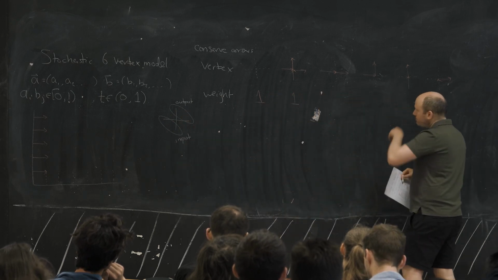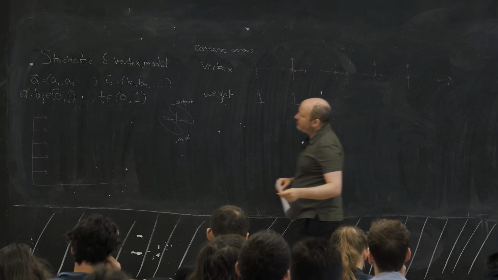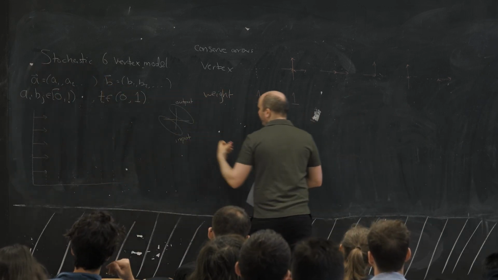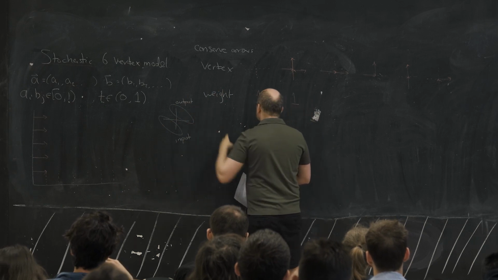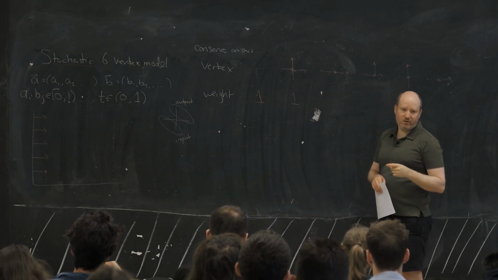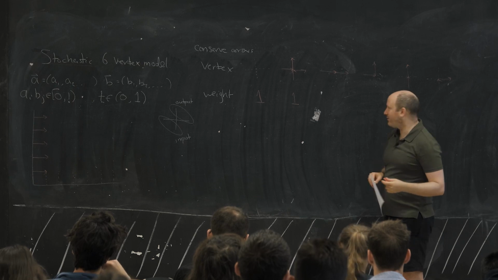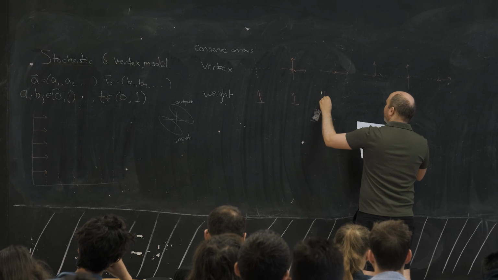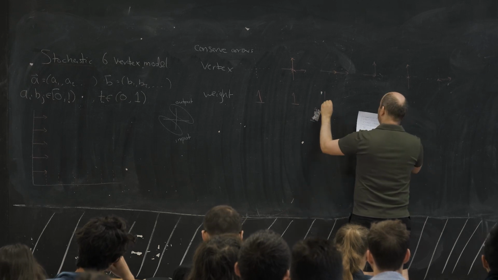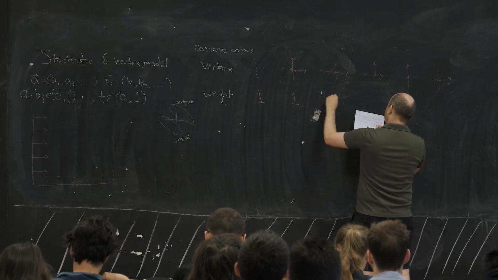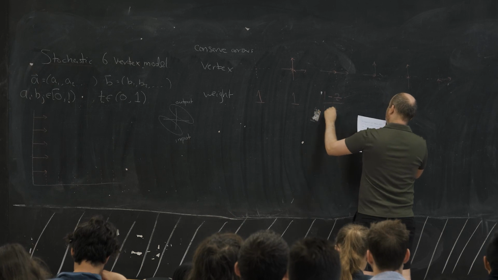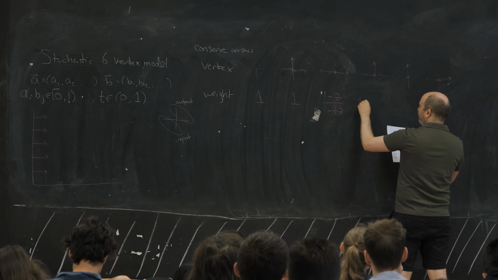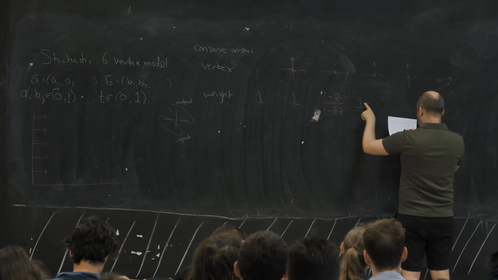Now the weights are stochastic in the sense that if I fix the input and I sum the weights over the output, I should get 1. That's what the word stochastic means in this context. Let me write down what the weights are. In general, they take the form of 1 minus z over 1 minus tz. This is 1 minus that factor, so I suppose I could write down what it is.